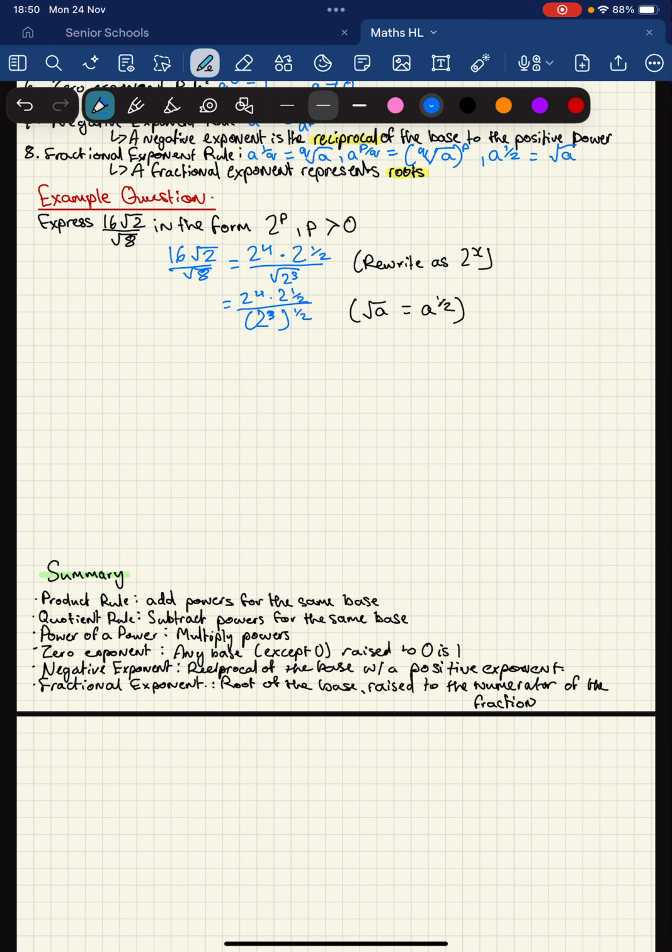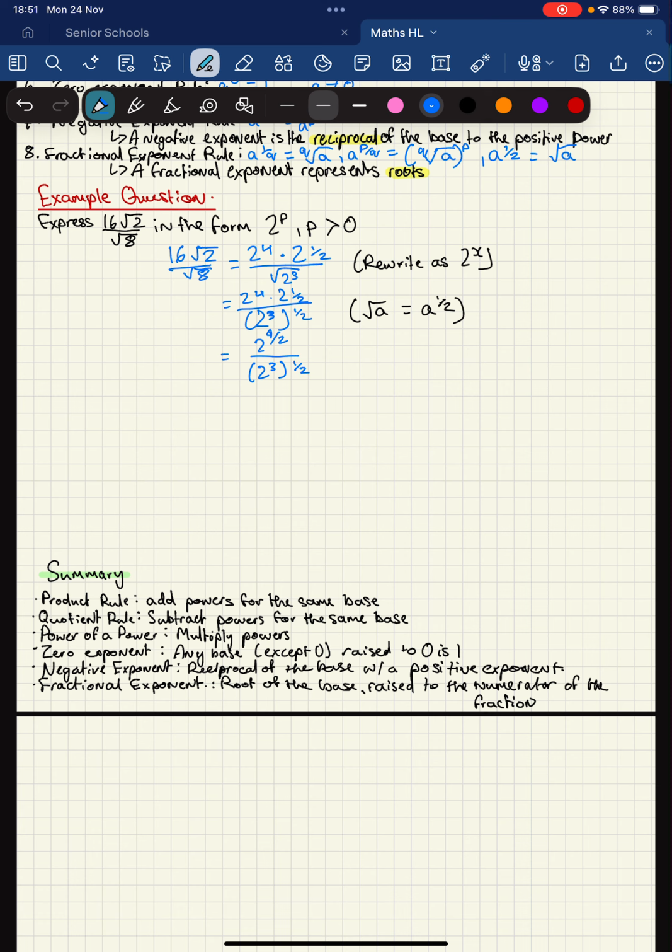Our next step is you just want to simplify as best you can and do your best afterwards to try to identify the rules we're using throughout in each of these steps. So what we have here is 2 to the power of 9 over 2, and I'll try to rewrite that so it's more clear, 9 over 2, and that is over 2 to the power of 3 to the power of a half.